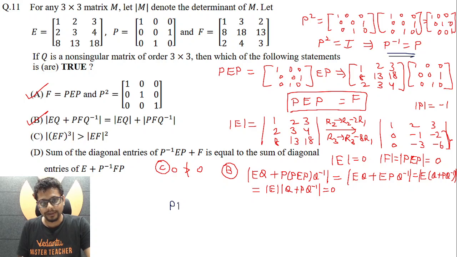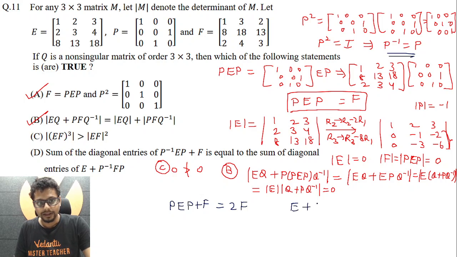So it essentially becomes PEP plus F, and PEP from option A, that what we have got while exploring option A. So PEP is F only. So this essentially becomes 2F. Now what about E plus P inverse FP? P is indeed invertible, and in fact, since P inverse is P, you can write P as P inverse also. So what you have is E plus P inverse F P inverse.